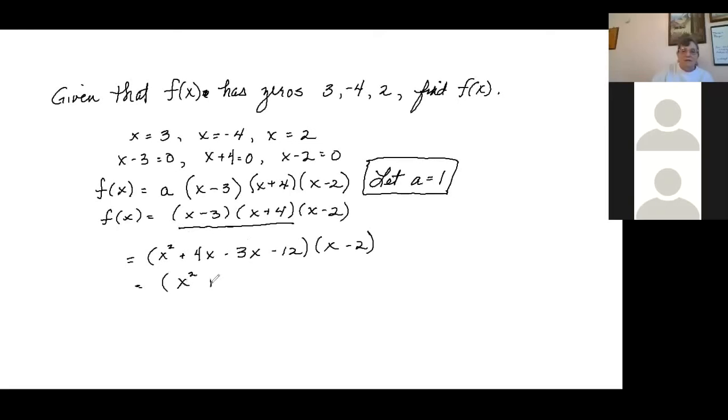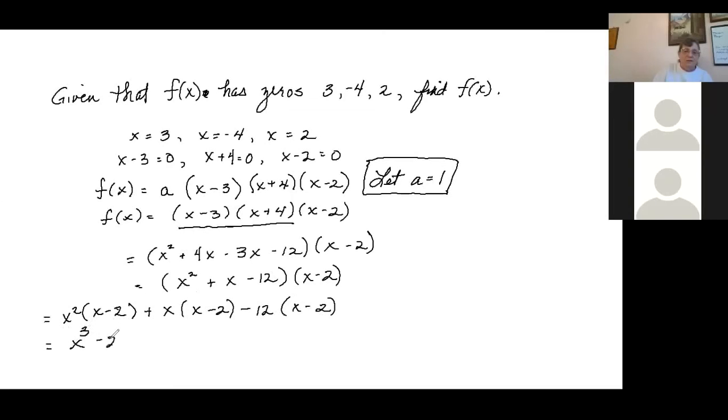So it's x squared plus 1x minus 12 times x minus 2. And then to expand this, we say x squared times x minus 2, plus x times x minus 2, minus 12 times x minus 2.